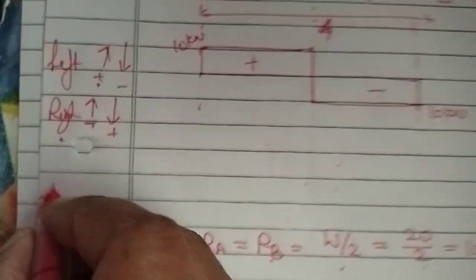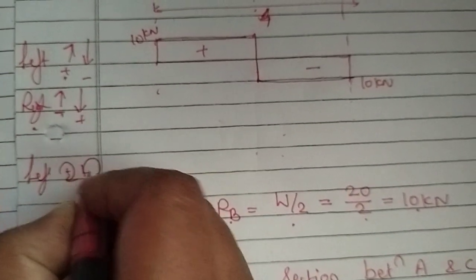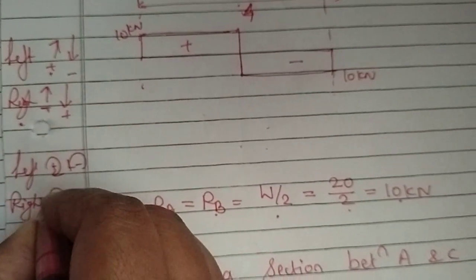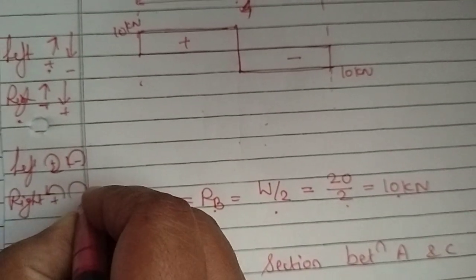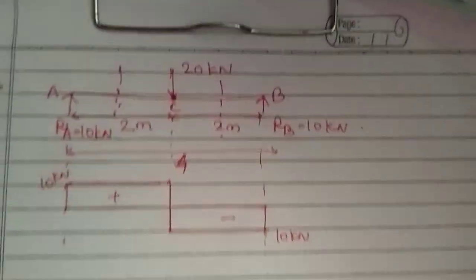If you are considering the left side, then clockwise is positive, anti-clockwise is negative. And if you are considering the right side, anti-clockwise is positive and clockwise is negative. So we will consider the forces on the left side of this section.